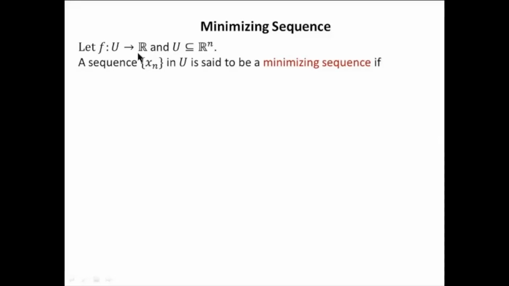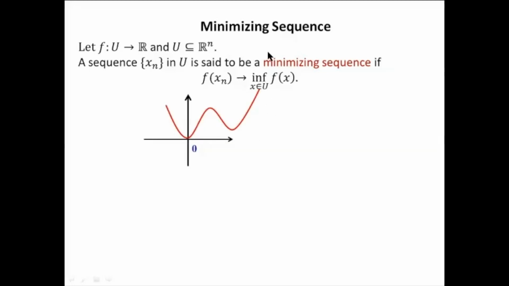This sequence x_n, which is in U, is said to be a minimizing sequence if the sequence of images, that is f(x_n), approaches the infimum value of the function f on the set U. So for example, let me consider this graph.